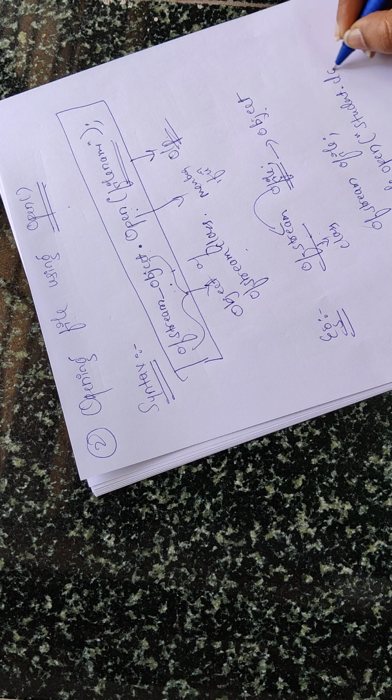So the syntax is: ifstream object dot open, where o is lowercase, file name, ended with a semicolon. Clear how you are opening a file for input purpose?